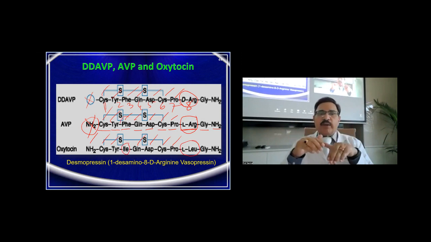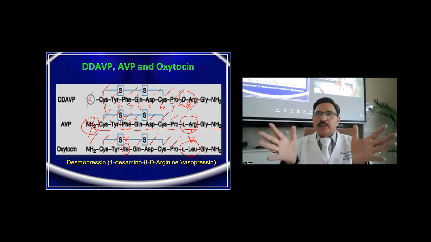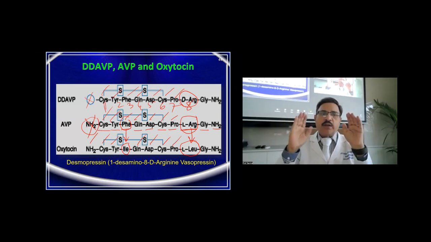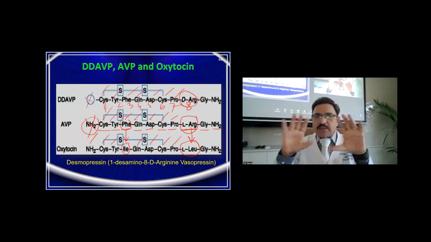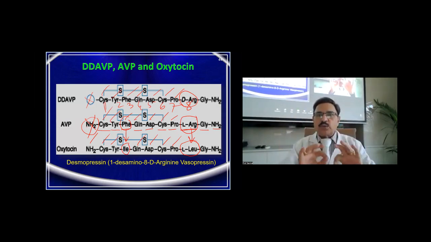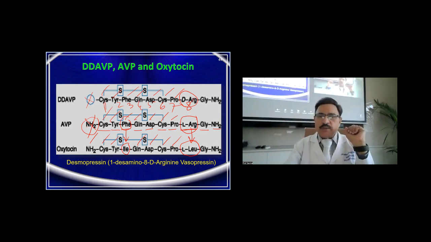In pregnant women, at the time of childbirth, the oxytocin level suddenly increases and there is an expulsion of the fetus. If the woman is not able to deliver, then an exogenous oxytocin injection is also used. Oxytocin and vasopressin share the same structure except for two substitutions: phenylalanine is replaced by isoleucine, and arginine is replaced by leucine. Other than that, this is a bit of theory.